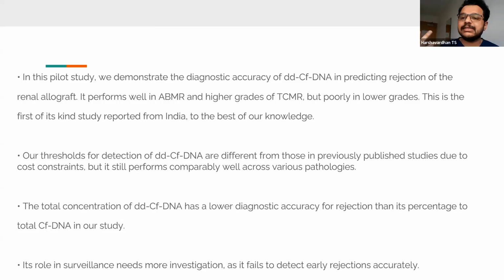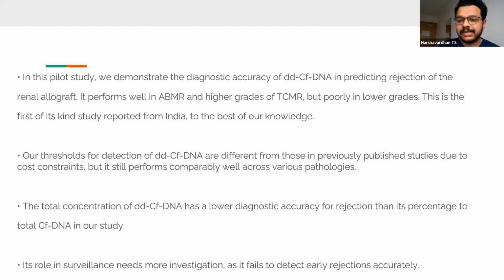If the concern is that it does not pick up early rejection, then at this point in time we cannot say that it's going to be useful for surveillance, because in surveillance we want to pick up early rejection, and the platform that we have is not going to pick up early rejections. Even in Western data, whatever the platforms they have, it will pick up some level of donor-derived DNA, but it will be at the same quantifiable level as in a person with acute tubular injury or pyelonephritis.